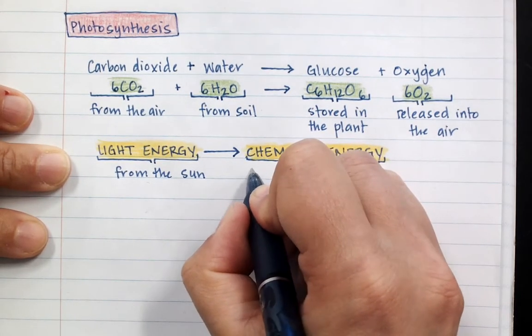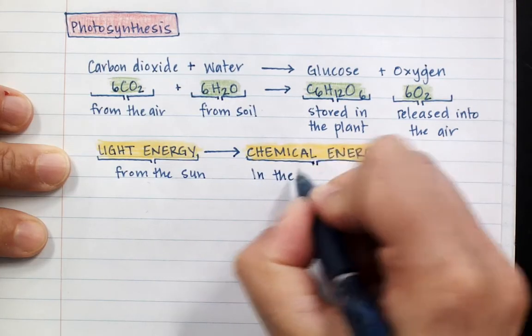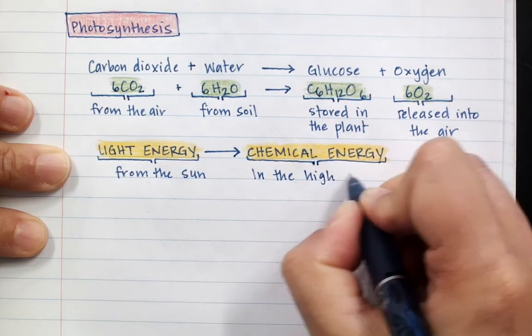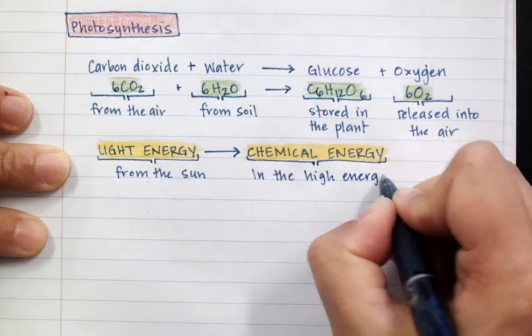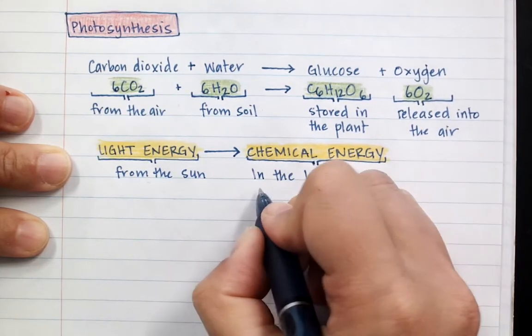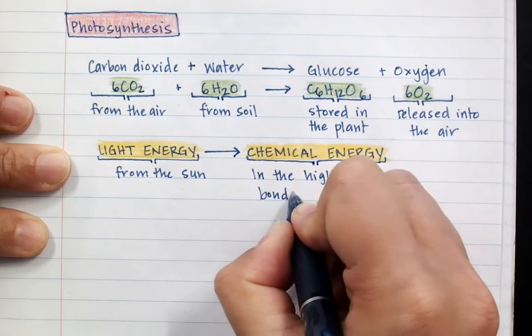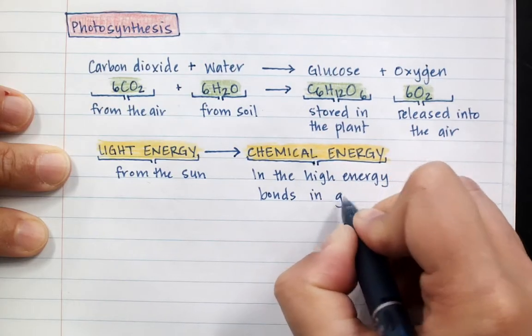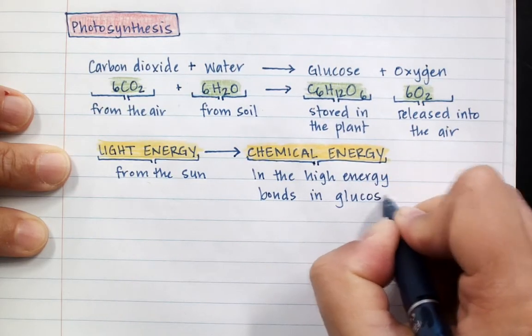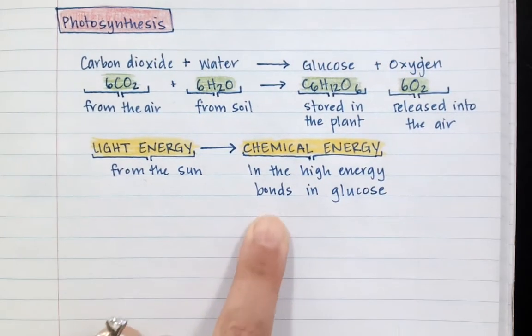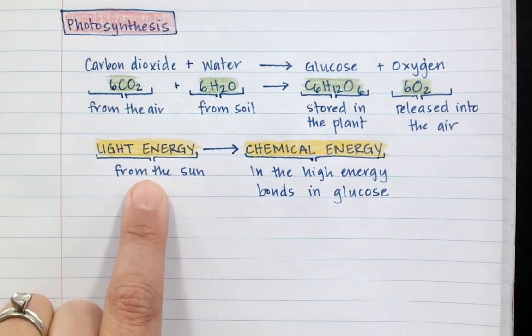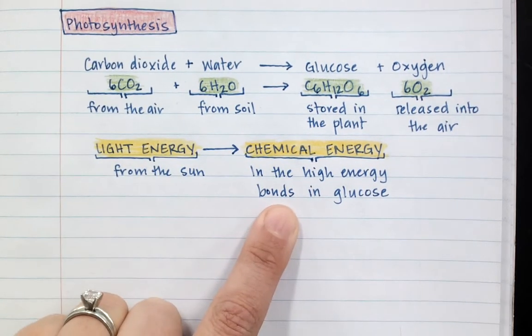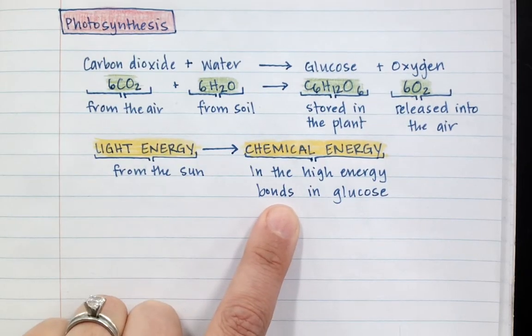So it's in the high energy bonds in glucose. So this is a way of storing energy. You take the energy from the sun and you store it in those high energy bonds of glucose.